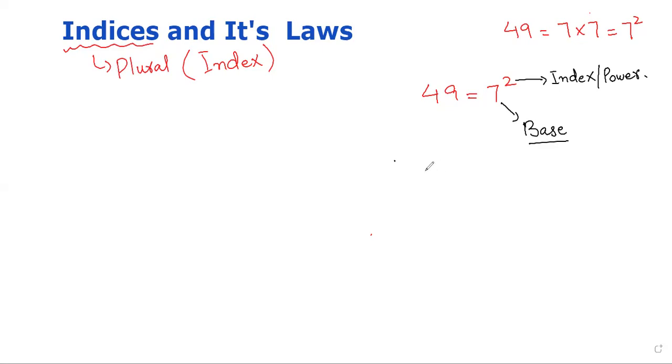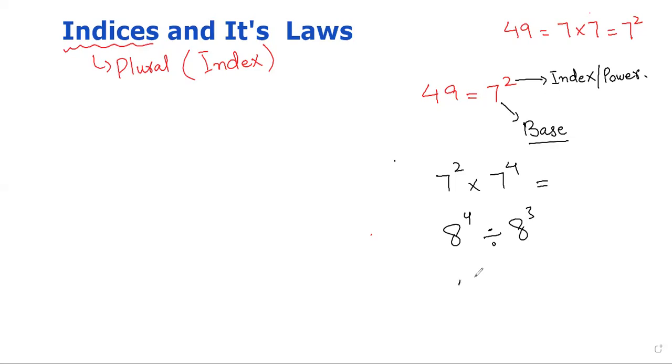We'll thoroughly go through that, but let me give you some examples. For example, if there is 7 to the power 2 and 7 to the power 4, how would you operate it without using a calculator? How would you use these laws of indices to simplify this? If there is 8 to the power 4 divided by 8 to the power 3, how would you do this without using a calculator, using the laws of indices?